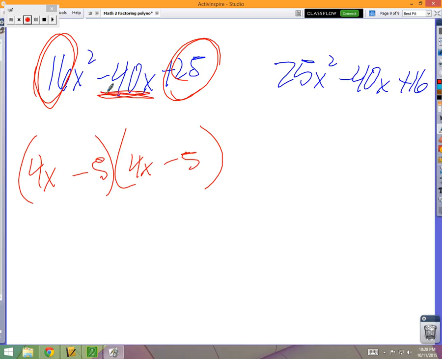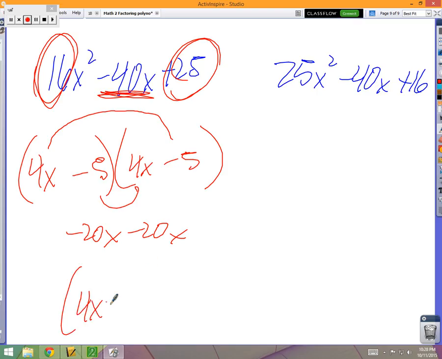I know they're minuses because the middle adds to be a minus 40. So the middle, that is going to be a minus 20x, and that is a minus 20x, so that's a minus 40x. So you can write it as 4x minus 5 squared.